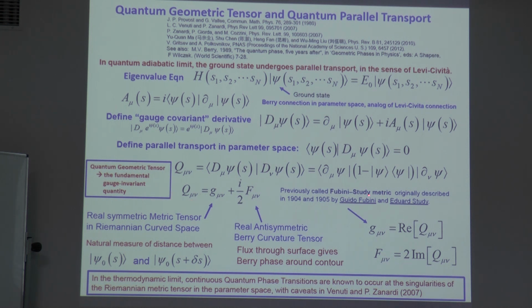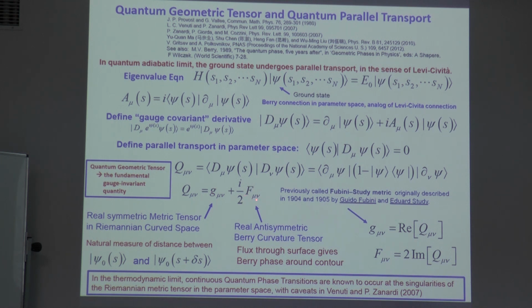Previously, this thing was called the Fubini-Study metric in the 1904-1905 timeframe. So anyway, the quantum geometric tensor has a real part, which actually measures the distance between psi, a state at parameter value S and a state at S plus delta S. The distance between those quantities in parameter space is measured by this natural metric.